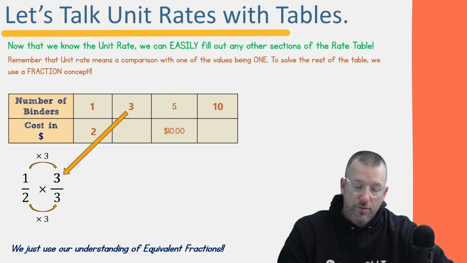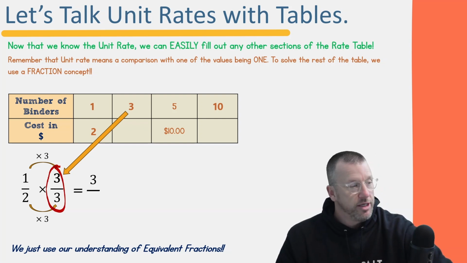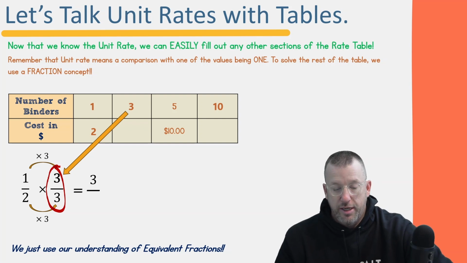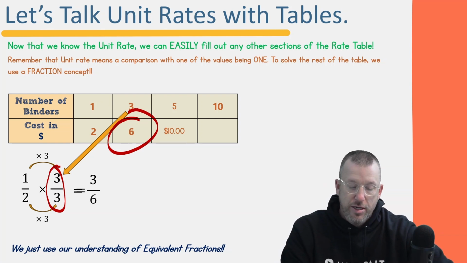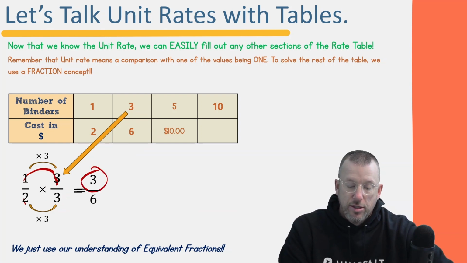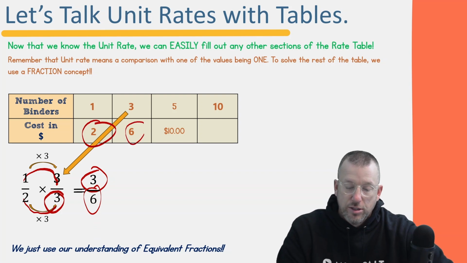We're multiplying by 3 over 3, and that's going to give us our new ratio, or a new answer to our missing cost. So 1 times 3 is 3, and 2 times 3 is 6. We multiplied 1 times 3 and got 3, so now we have 3 binders. The cost, $2 times 3, gives us $6. So 3 binders are going to cost us $6.